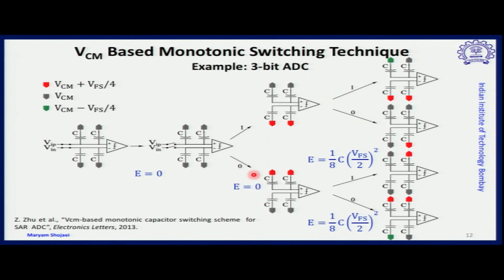If the output of the comparator is 0, that means V in P is less than V in N, or V in N is more than V in P. Therefore, the V in P side has to increase. Eventually, the positive terminal of the comparator should have increased voltage.